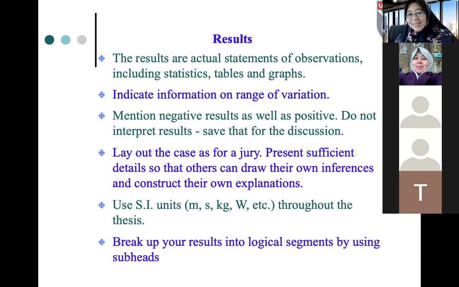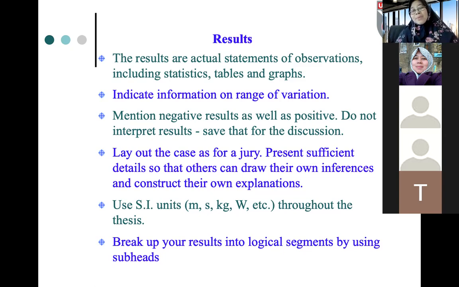Okay, any suggestion? Anyone? Okay, so I think one of the best ways is to sit down with your supervisor first. Do not throw away any negative results. I do have students who were not convinced with the result, so he or she just threw it away.